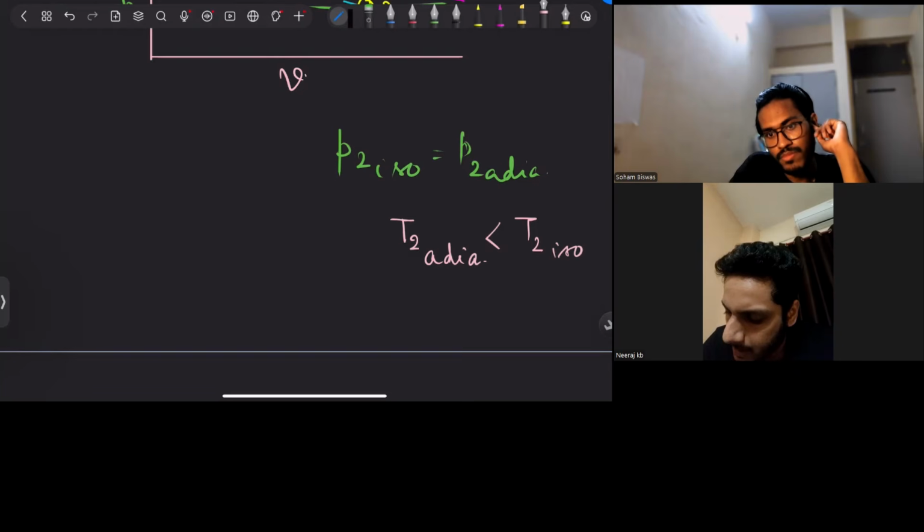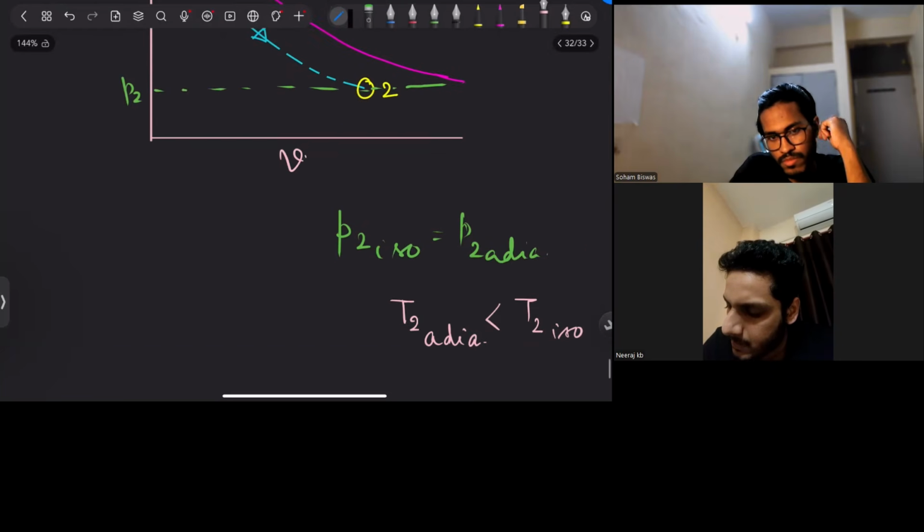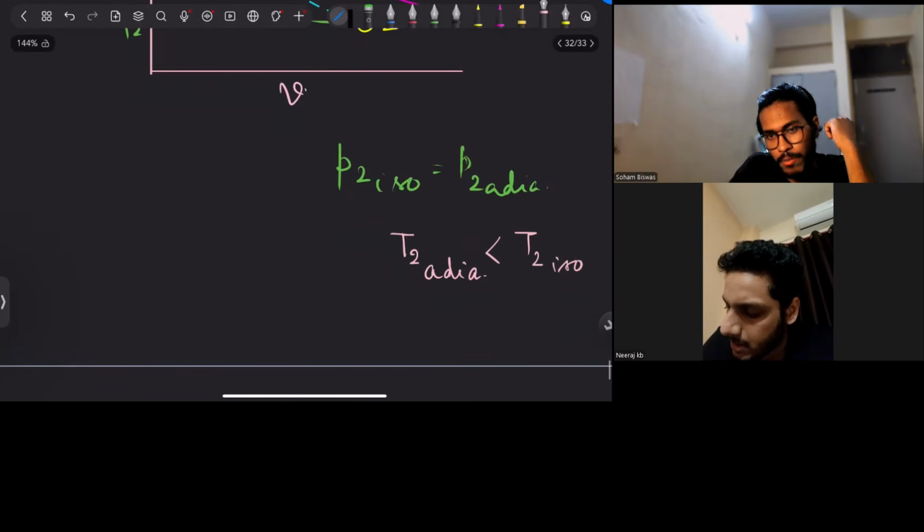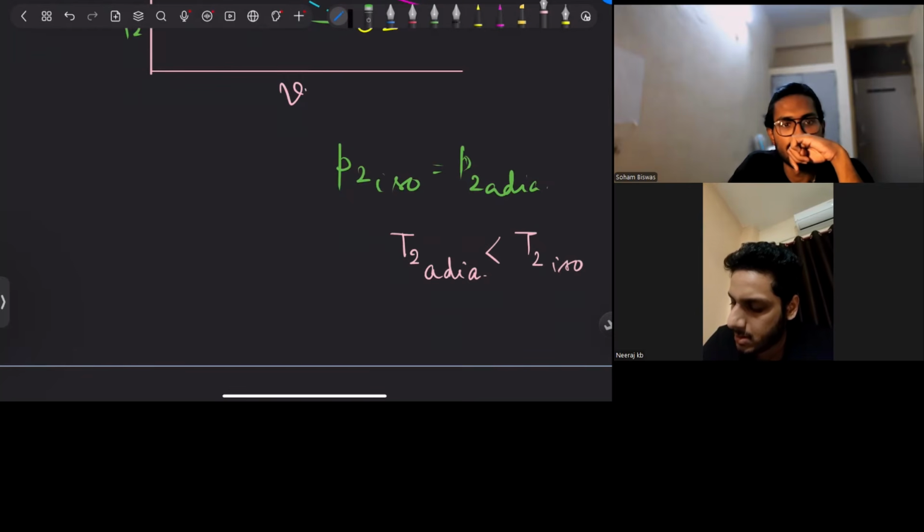P adiabatic into V adiabatic, what will happen to the V adiabatic and V iso?